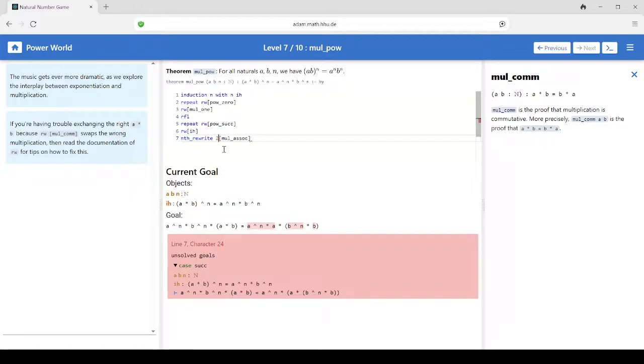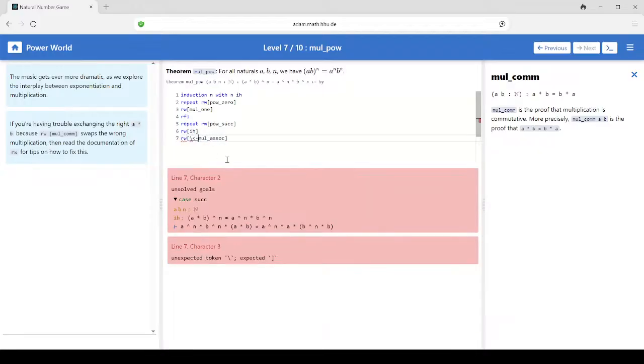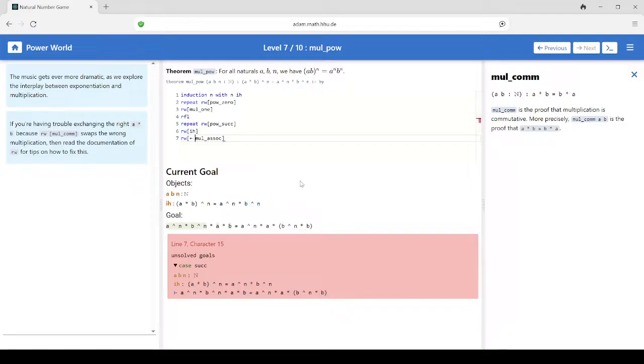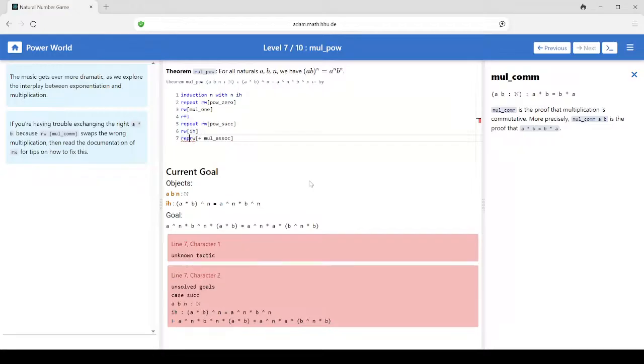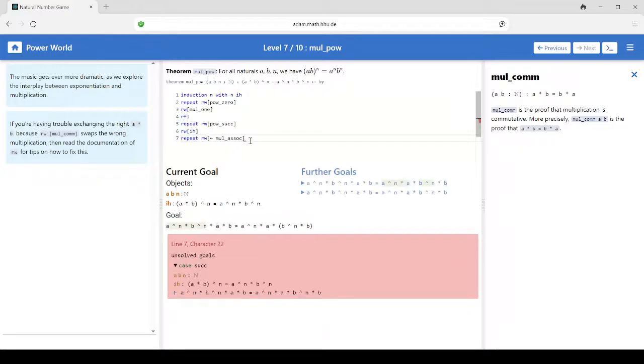Wait, can I use the arrow to get rid of some parentheses? I can, and I will. No more parentheses. Let's go.